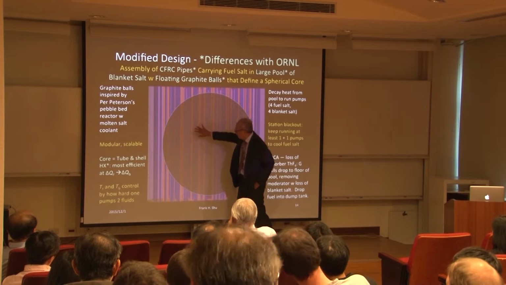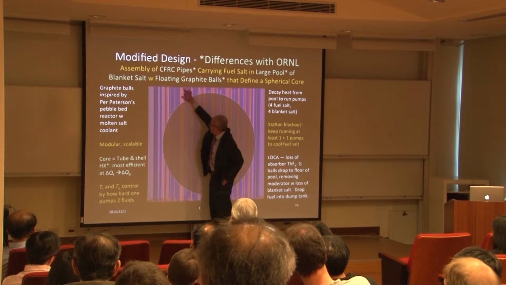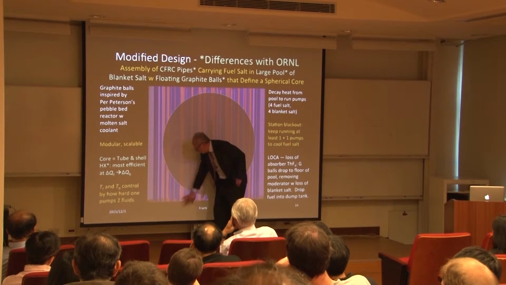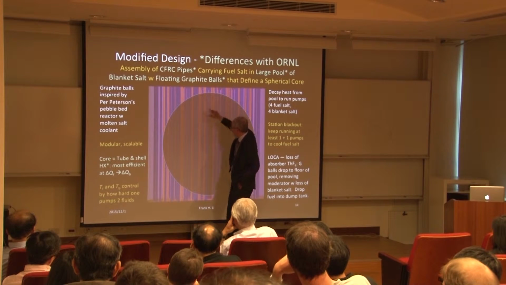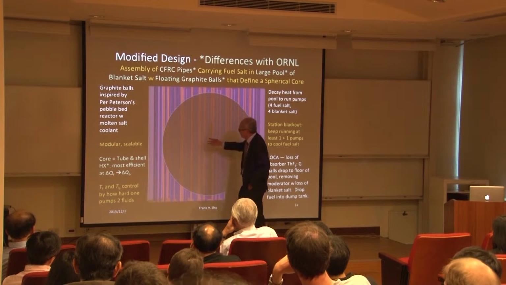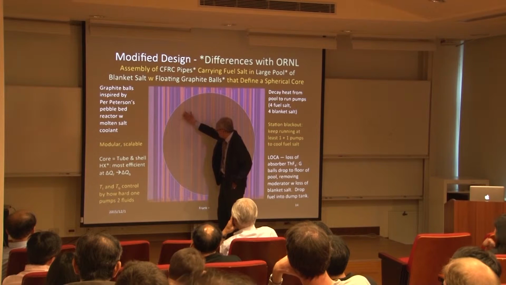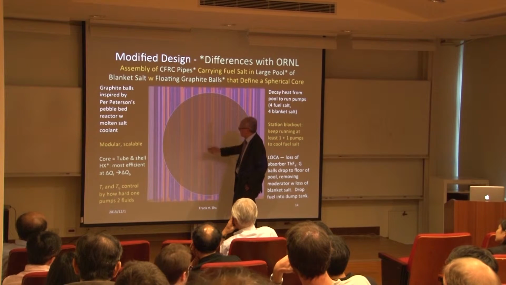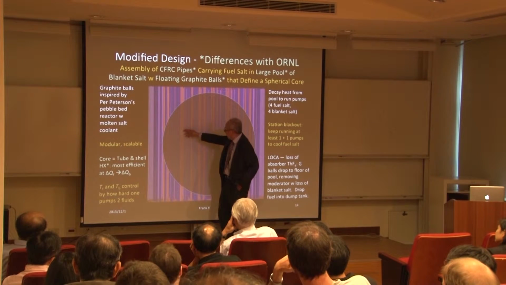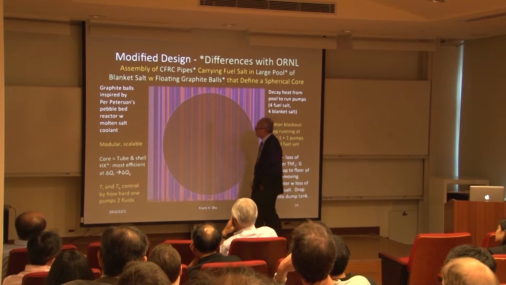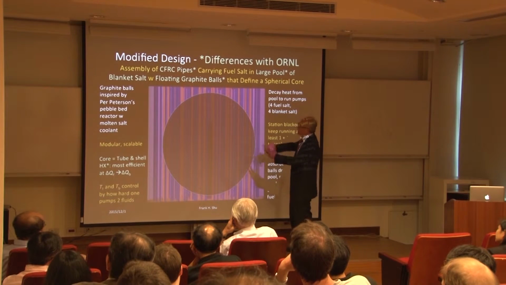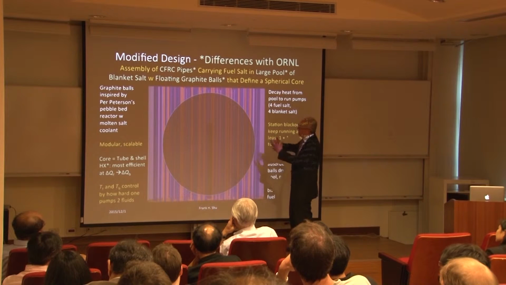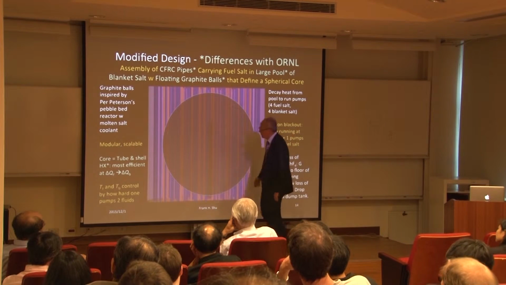Now you have fuel running, let's say, from the top down to the bottom to be collected in these fuel salt channels. And they're having nuclear reactions when they enter this region. So they're giving energy to the wall, which transfers that energy to the blanket salt, and you use that to do whatever you want to do.